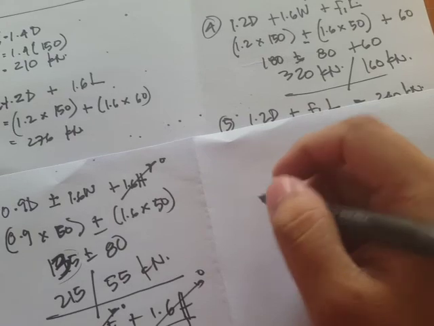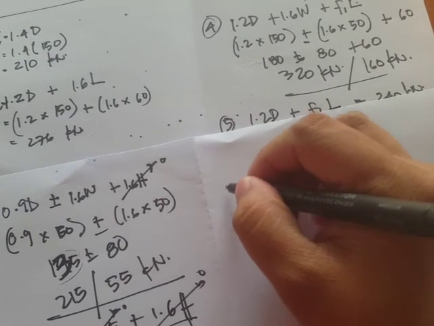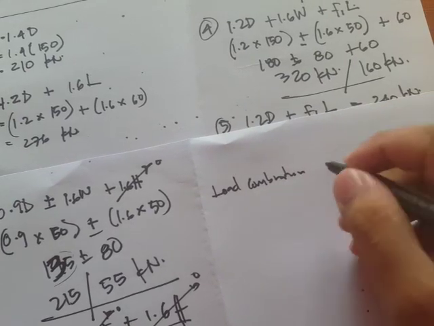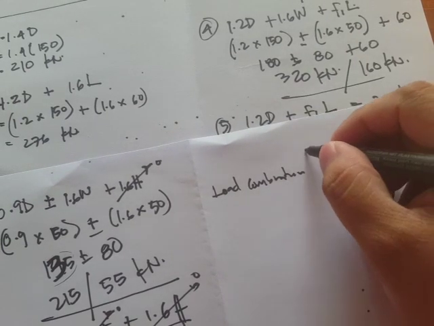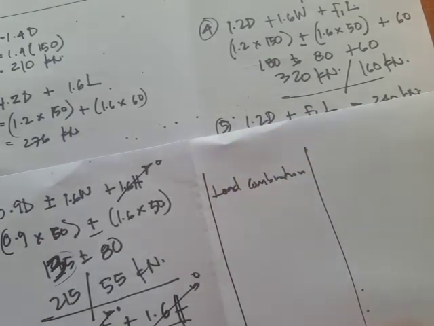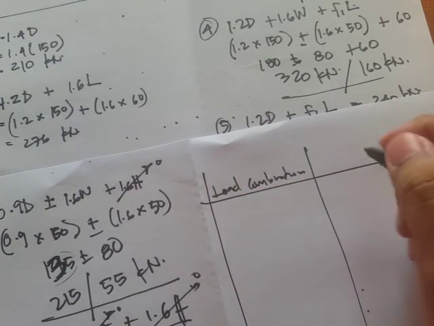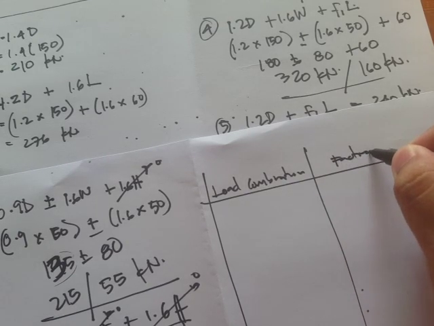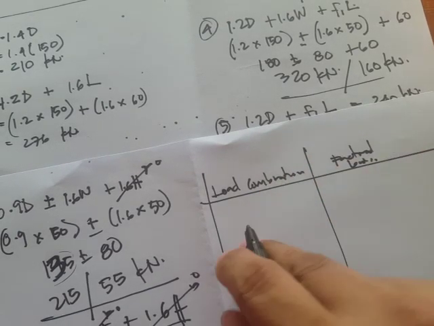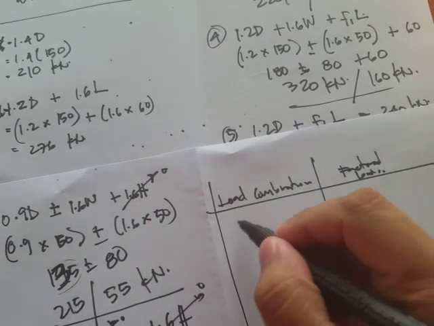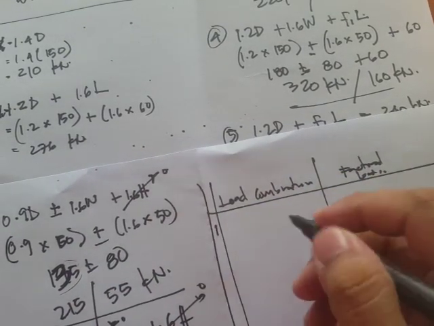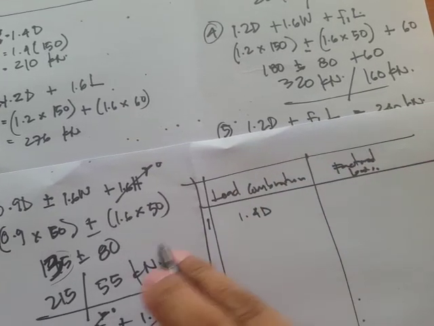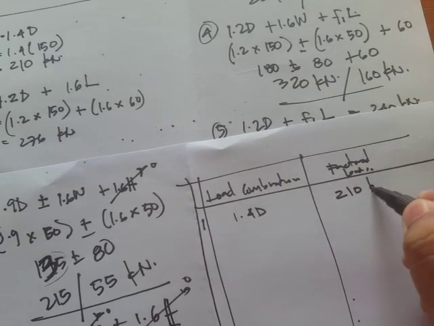We have the load combination and then the factored loads. For the first, load combination number 1, we have 1.4 dead, and we have a value of 210 kilonewtons.